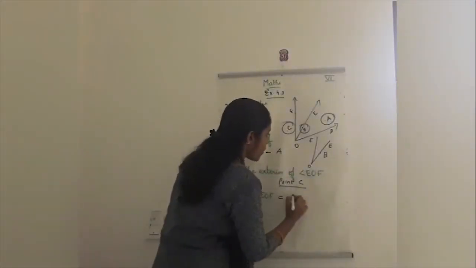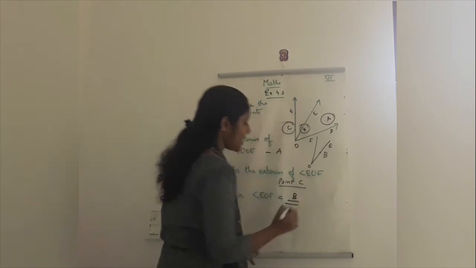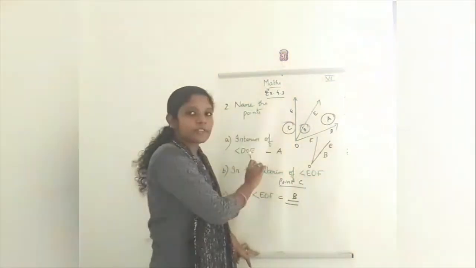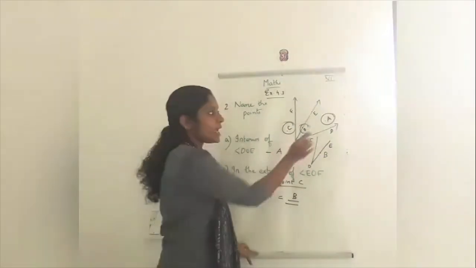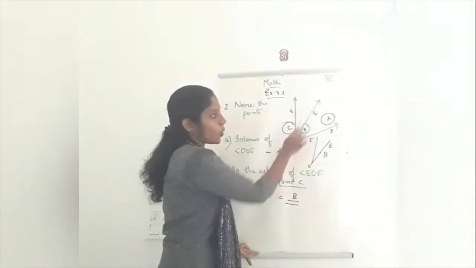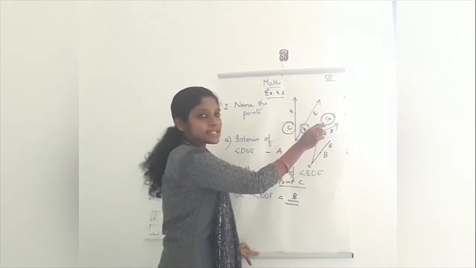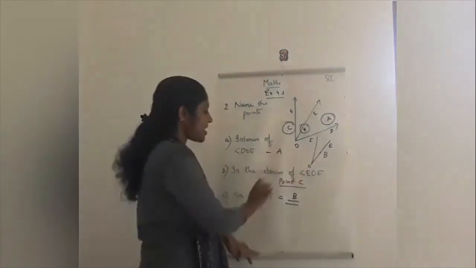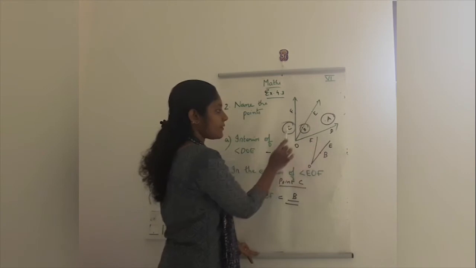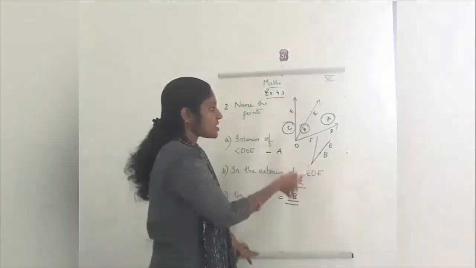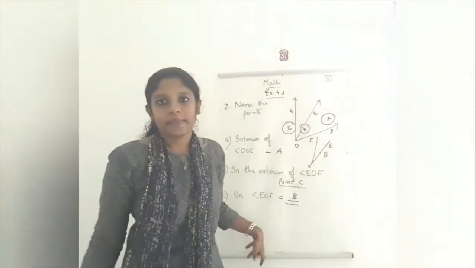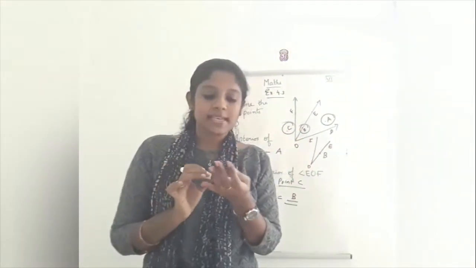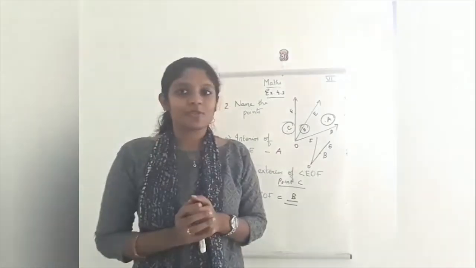That answer is point B. Hope it is clear for you. Interior of the angle means which lies inside. For angle DOE, the point which lies in the interior is point A. The point which lies in the exterior of angle EOF is point C. The point which lies on angle EOF is point B. Hope these three questions are clear for you, which was very easy. Now we'll move to the next question.